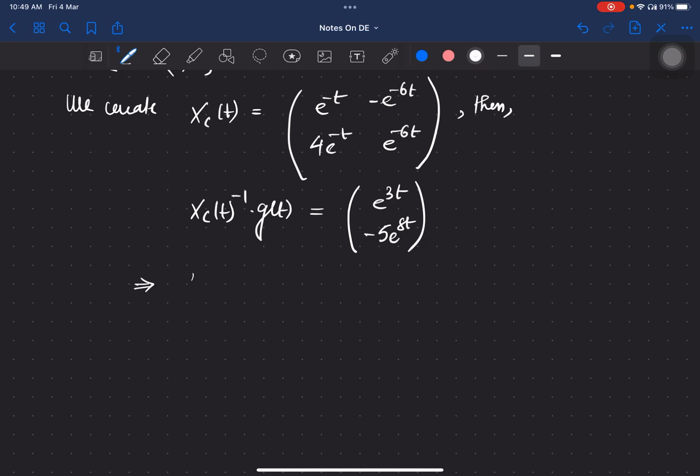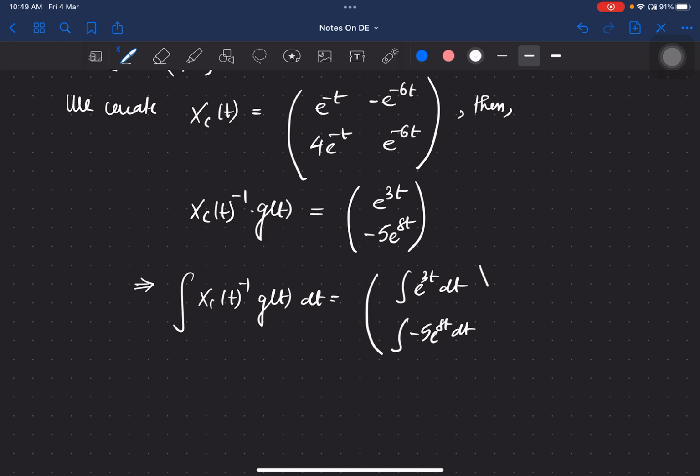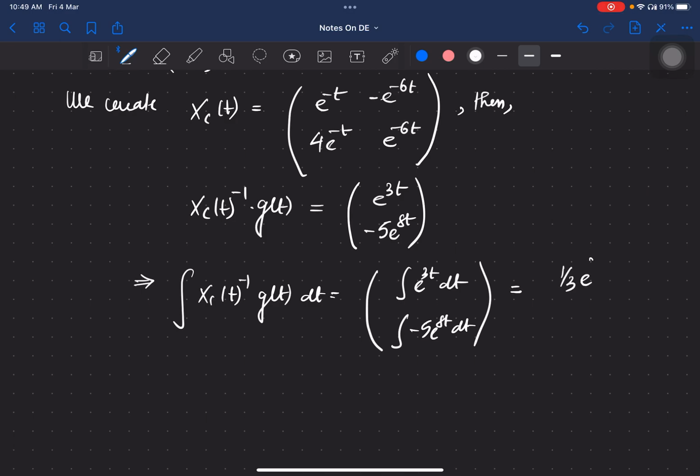So next, the integral of X_c(t) inverse g(t) dt is nothing but the integration of each term. This thing, the integral of -5e^{8t} dt, is also easy to calculate. This is 1/3 e^{3t} minus 5/8 e^{8t}. Up to this is fine.